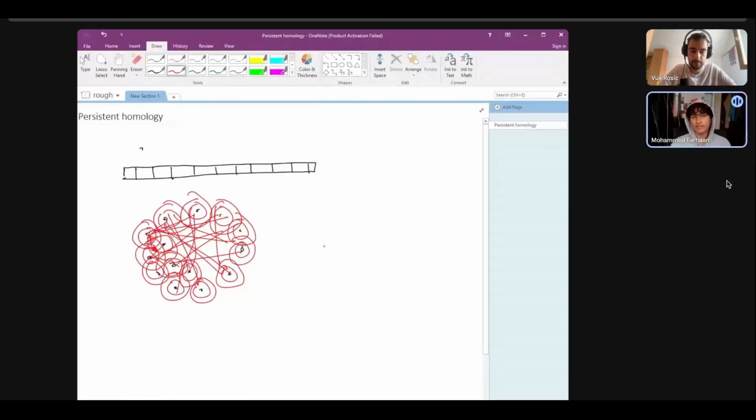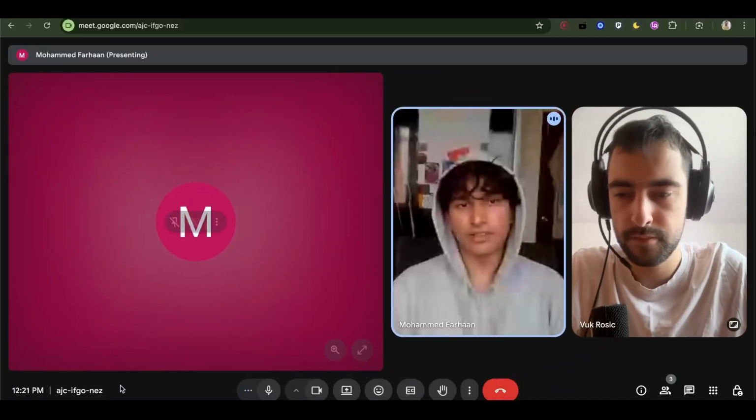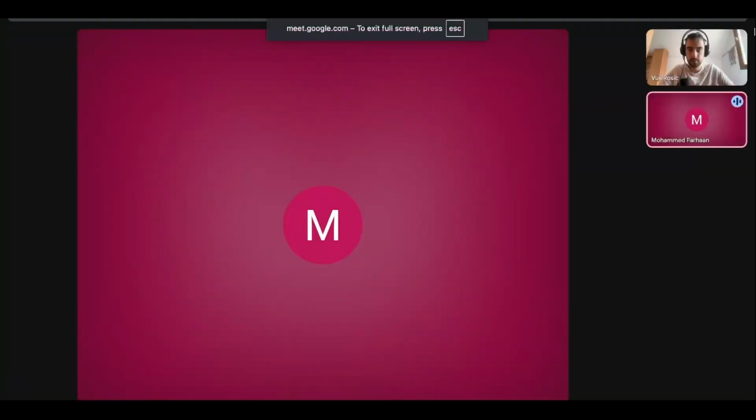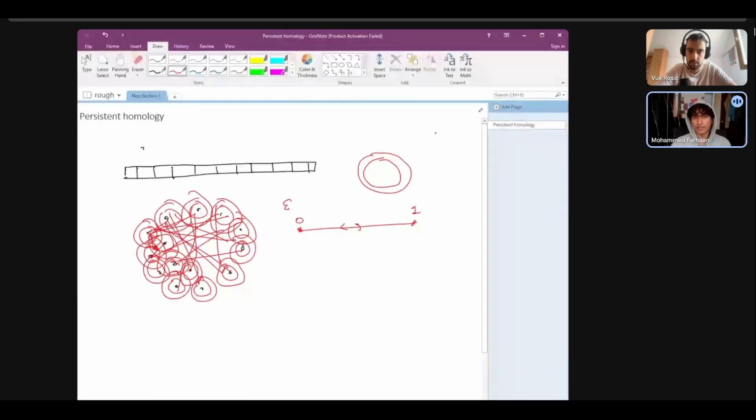But in persistent homology, we're varying epsilon, say from 0 to, let's say, 1 only for now. So we're going to vary epsilon somewhere on this line to the perfect length where we get our data completely structured rather than a complete, interconnected mess.